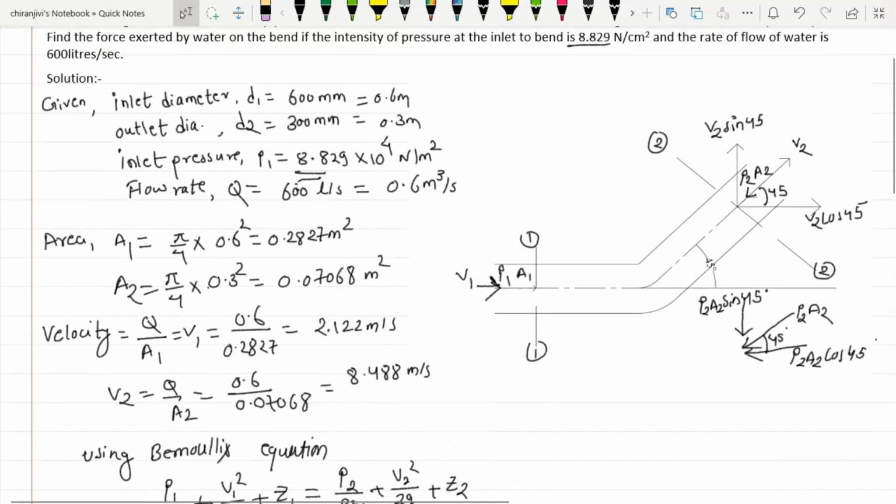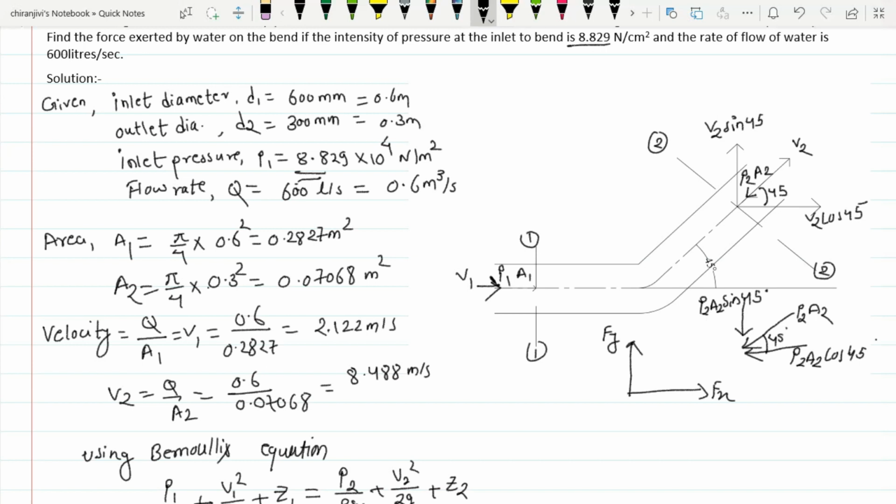Here pressure force P1 into A1 is acting in horizontal direction and P2 A2 cos 45 is acting in the negative horizontal direction, and we have force acting on this pipe bend. So the pipe bend is experiencing a force of Fx due to water and Fy due to water in x and y direction.